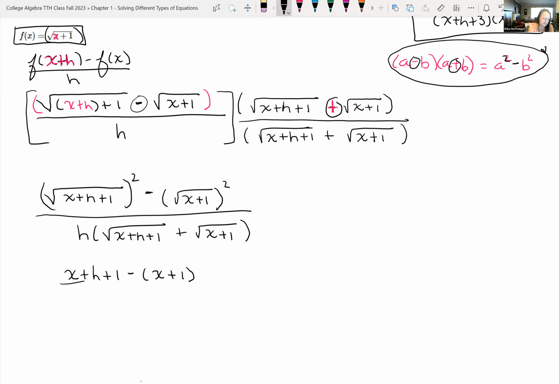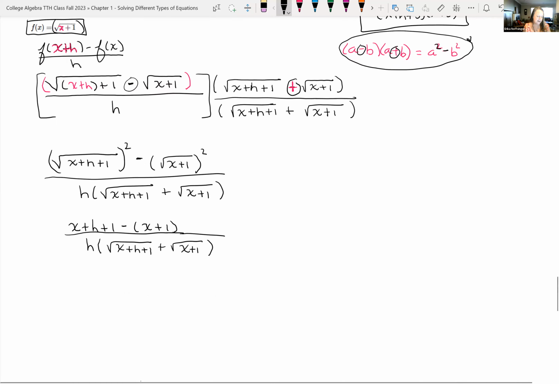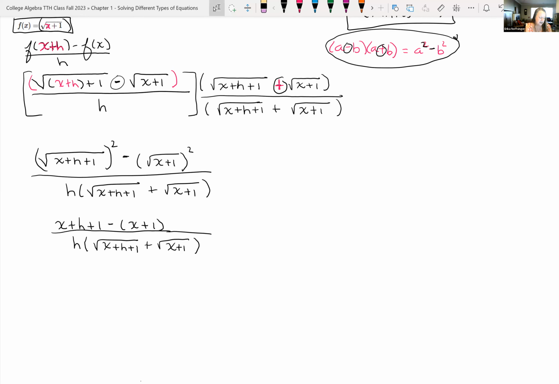We need parentheses so that the negative is distributed, all over h times the quantity square root of x plus h plus 1 plus the square root of x plus 1. Do not distribute that piece in the denominator. That's just going to make more work in the end where you're going to have to go back and change it. But we do want to distribute our negative inside the parentheses here. So multiplying everything through by negative 1 in that piece.